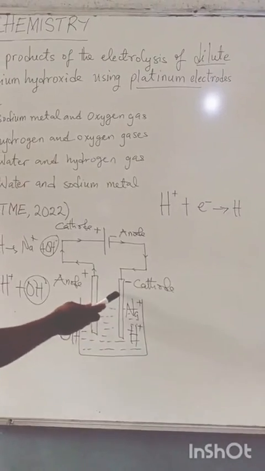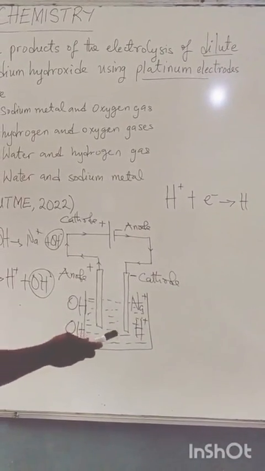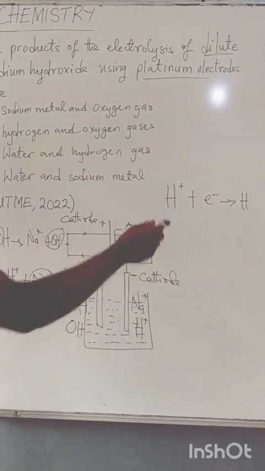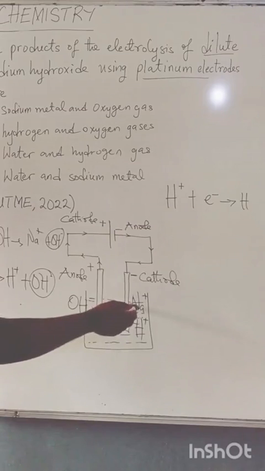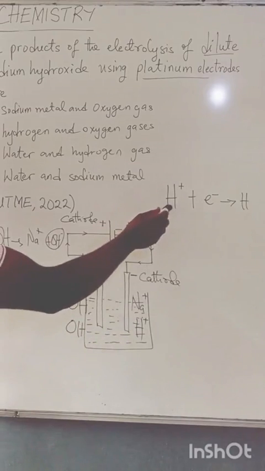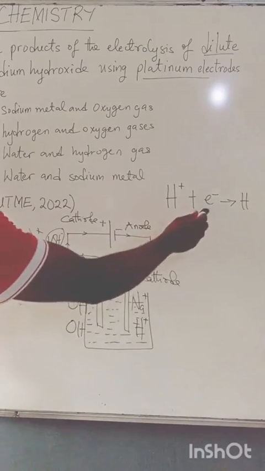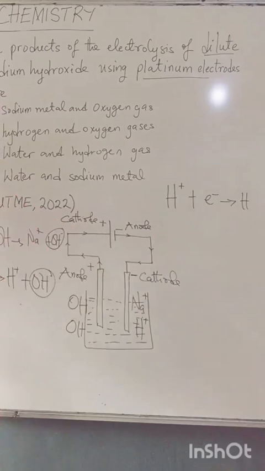At the cathode, which is negatively charged, hydrogen ions which migrate to that place along with sodium, each hydrogen ion will receive electron, and when it receives electron, it becomes discharged as neutral hydrogen atom.